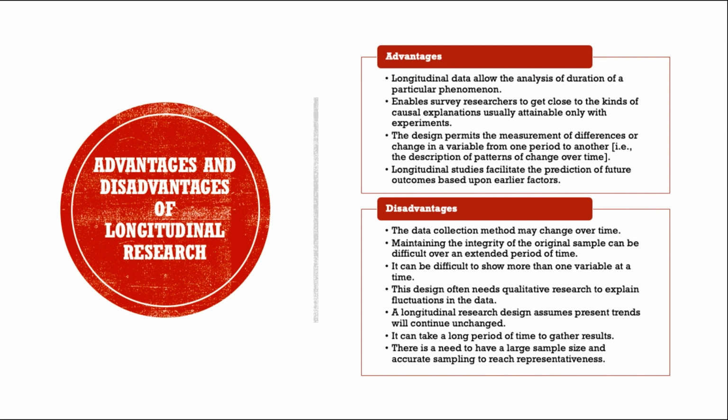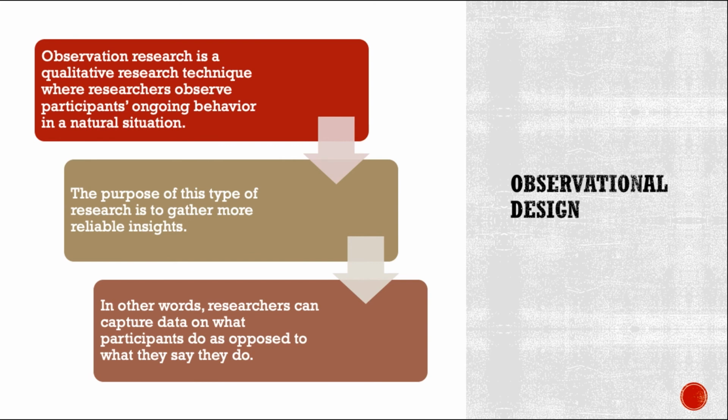You need a very large sample size, and you may start at the first round with a large sample size, but at the end, when you reach the 5th or 6th or the 10th round, the sample size will shrink, because you may not, as we say here, be able to maintain the integrity of the original sample size, or those people who were interviewed or surveyed may not be reachable.